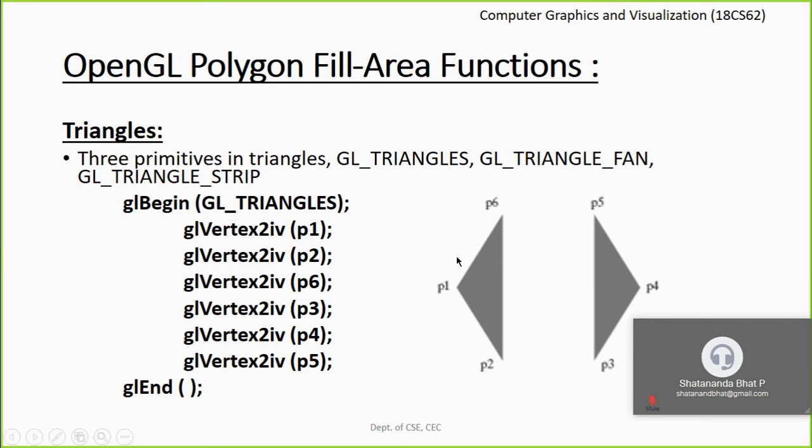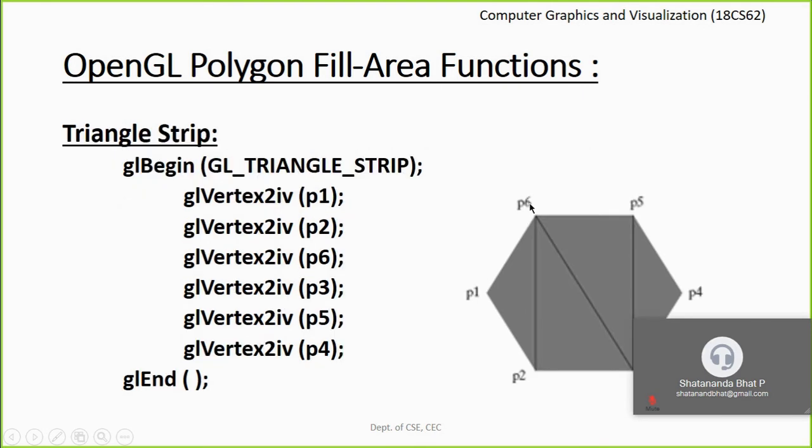The triangles drawn will be something like this. They will be totally disconnected. There will not be any edge or vertex shared between the different triangles. That is the GL_TRIANGLES primitive, where we consider 3 vertices at a time and draw disconnected triangles. There is no reuse of vertices here.